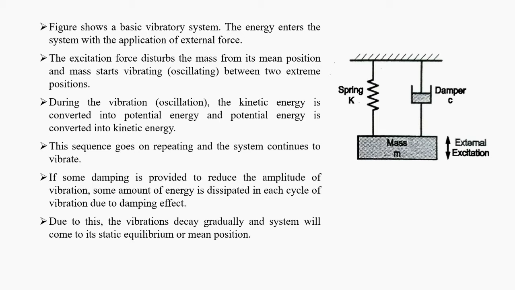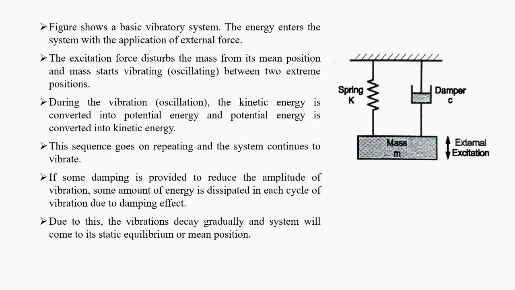Generally the energy enters the system by the application of external force, and that energy is stored in the form of potential energy, or in this case for spring, mass and damper system, it is stored in the form of strain energy. Now on releasing of that body, that energy is converted into kinetic energy. That kinetic energy is again converted into strain energy as the spring is deflected.